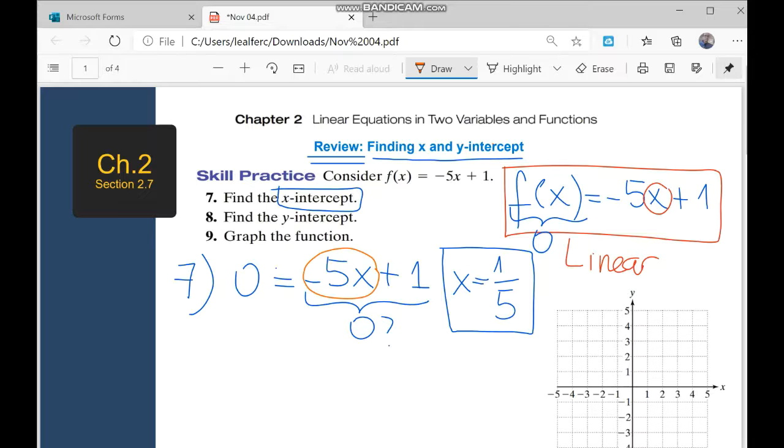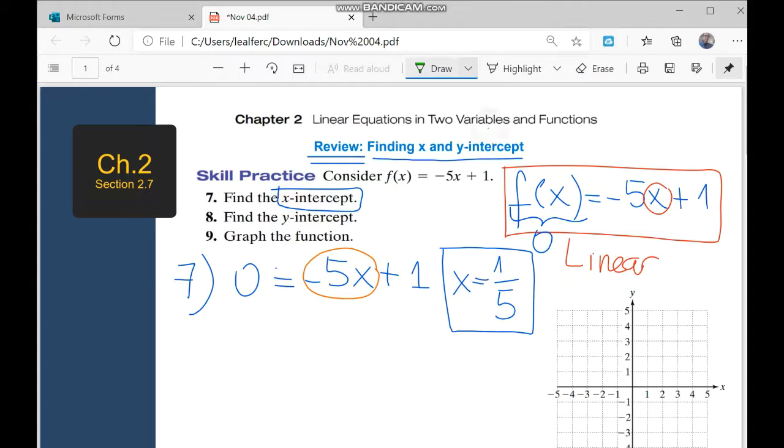Negative 5x equals negative 1 means x equals 1 over 5. If you don't know how to find x, let me know, type here in the chat box. But you just have to apply addition property, multiplication property, and find an x that makes this equal to 0. Okay? So x-intercept equals 1 over 5.